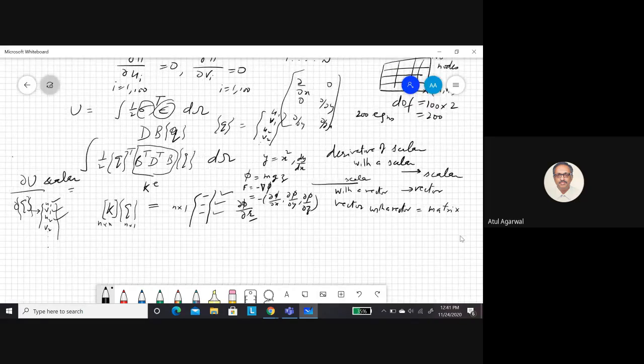So it is a vector. Now suppose you take derivative of velocity. You have a velocity field, and you take the derivative with position. So what you will get? Del u by del x, del u by del y, del u by del z, del v by del x, del v by del y, del v by del z, del w by del x.